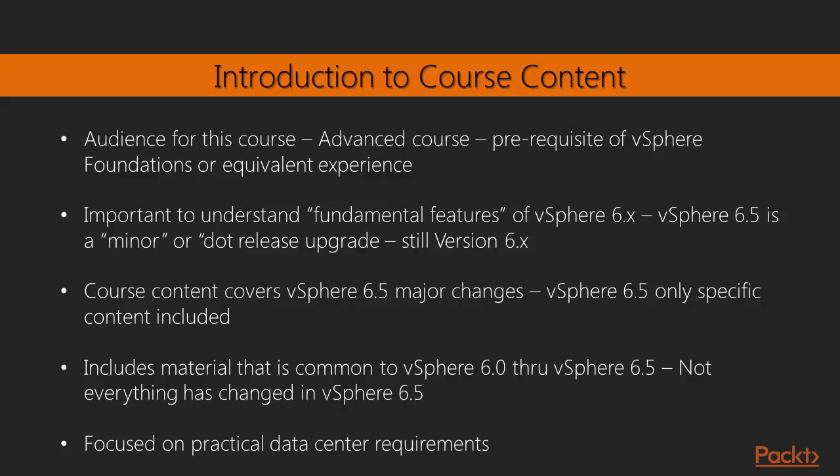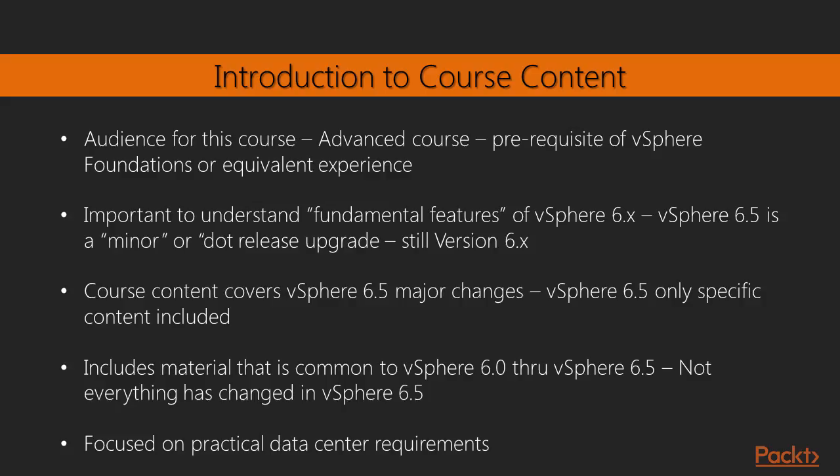A second important point to understand is that vSphere 6.5 is a minor or dot release upgrade, but it is still version 6.x. When vSphere 6 was released, it was version 6.0. There were some updates, up to vSphere 6.0 Update 2, and then vSphere 6.5 was released in late October of 2016.